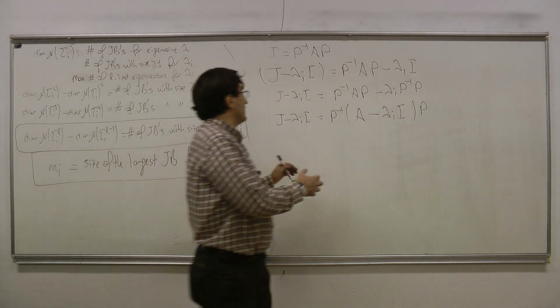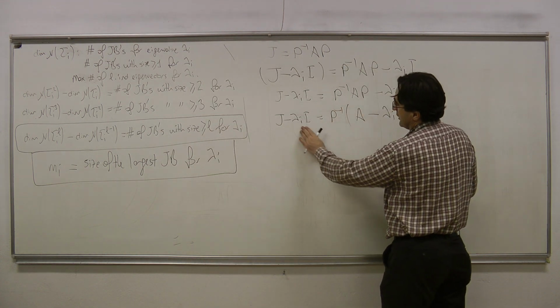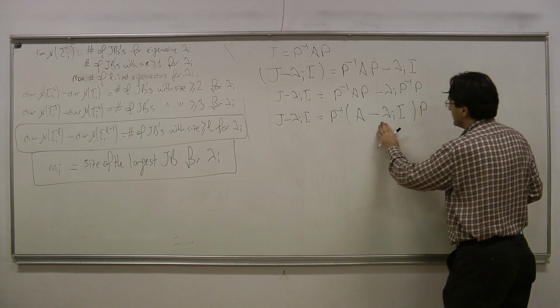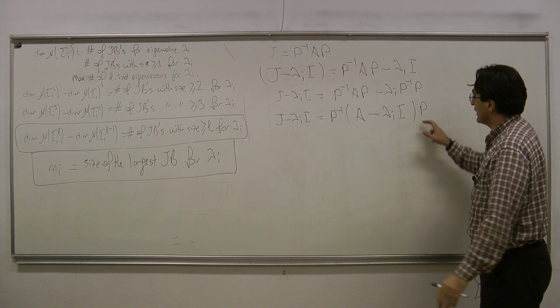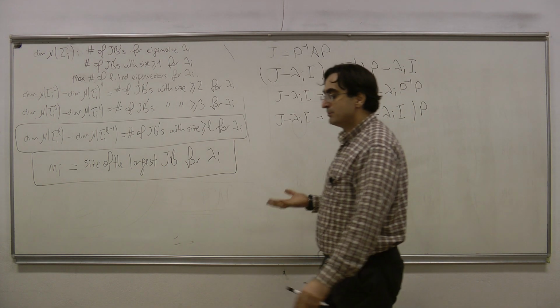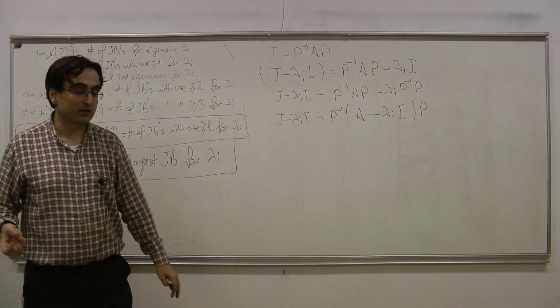So you see that J minus lambda I identity is P inverse times A minus lambda I identity times P. Now we have to remember some basic fact from linear algebra.